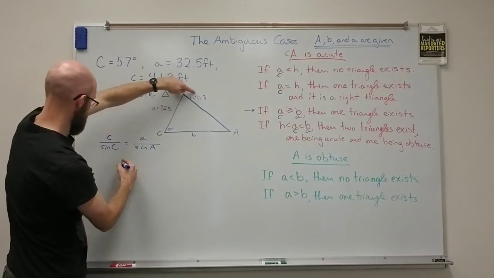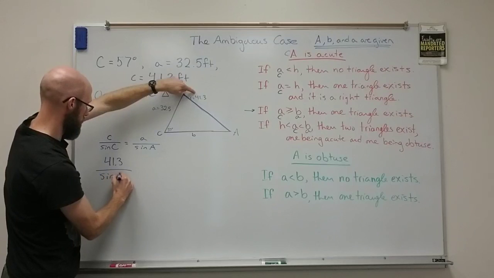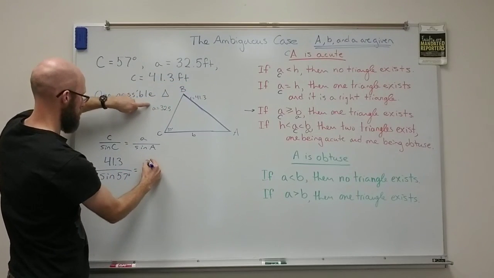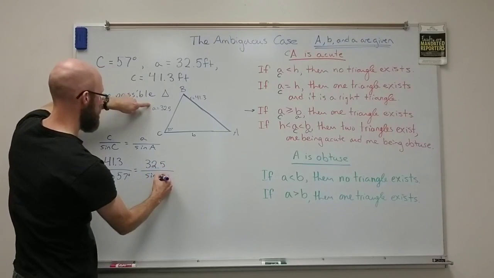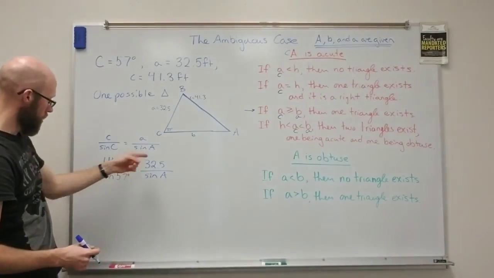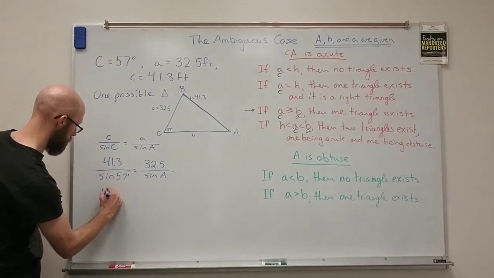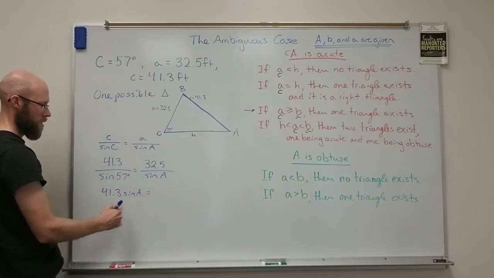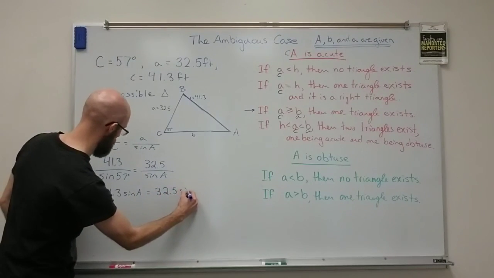So I have 41.3 over the sine of 57 equals 32.5 over the sine of A. I don't know A yet, right? So now I cross multiply and solve for A. So I have 41.3 sine A equals 32.5 sine of 57.